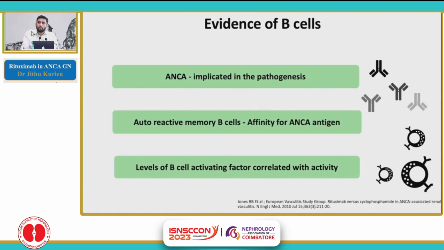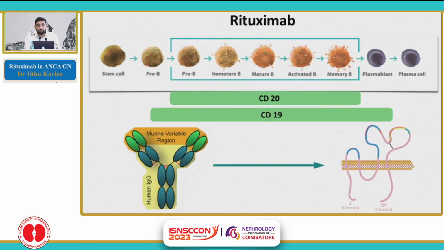What do we have in our armamentarium against these B cells? So everybody knows it's Rituximab. Rituximab is a chimeric monoclonal antibody. It's chimeric because it has a murine component and also a human component. And it acts against the CD20. This is how the CD20 looks. The CD20 has two extracellular loops, and the different colors represent the areas at which different monoclonal antibodies directed towards CD20 act.